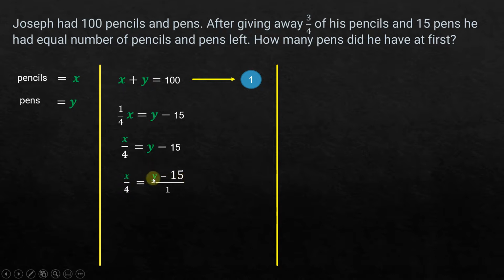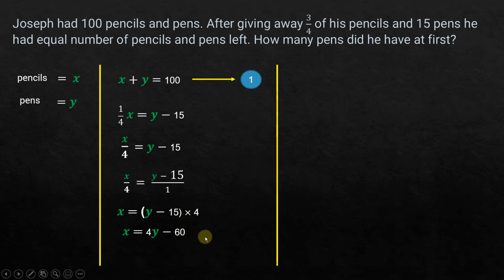So you can multiply this by 4, and you can multiply this by 1. So x is equal to y minus 15 times this 4, right? If you want to simplify this, you know the multiplication rules: 4 times y minus 4 times 15. So x is equal to 4 times y, which is 4y, minus 4 times 15, which is 60.